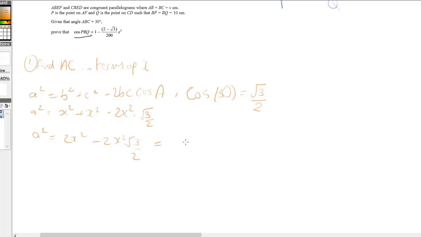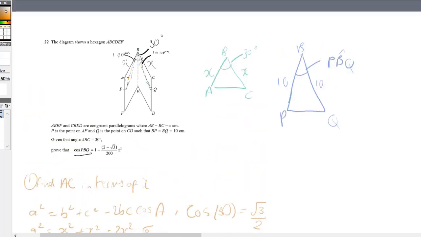And now if we factorize, 1 minus the square root of 3 over 2, and then we know for a fact that AC equals PQ, because the distance between the two are based on a parallelogram.